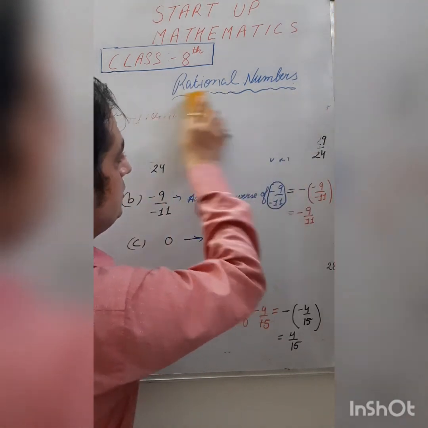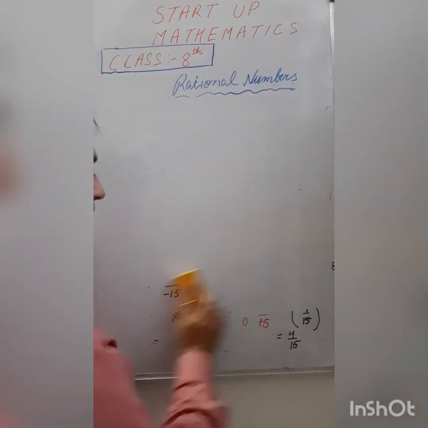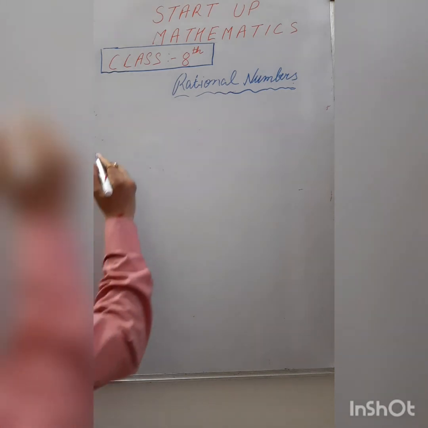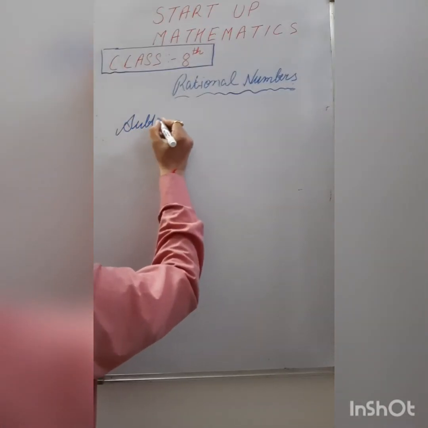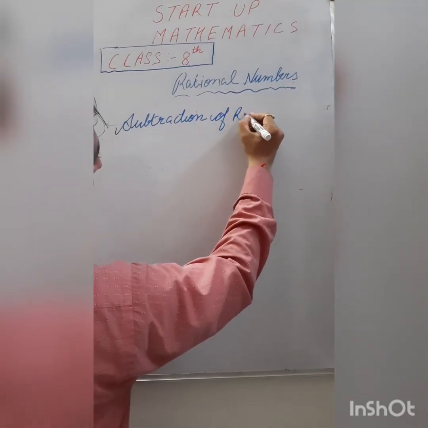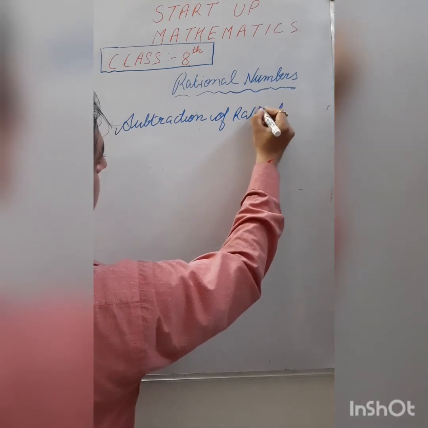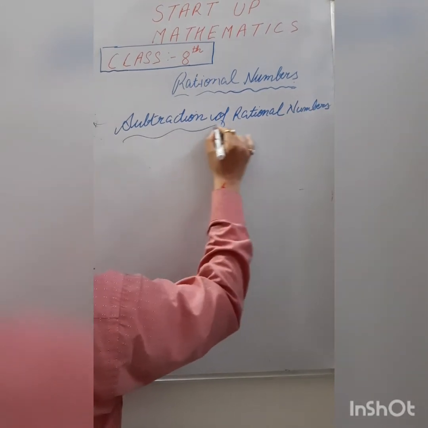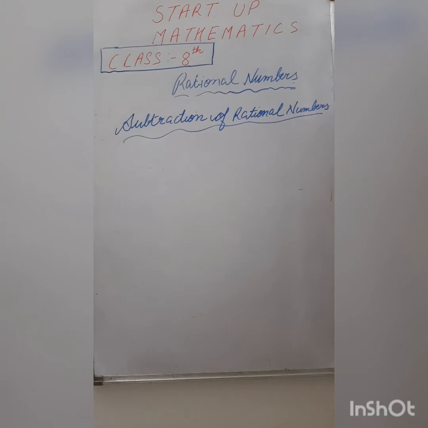Right? तो सब्ट्रैक्शन वाले क्वेश्चन भी आपने इसी तरह करने हैं, जैसे आपने एडिशन किया है, a binary operation. Now we will do subtraction, right? What is the meaning of subtraction of rational numbers? वो देखते हैं हम क्या ये सब्ट्रैक्शन में क्या करना है एक्चुअली में. Subtraction of rational numbers, right?